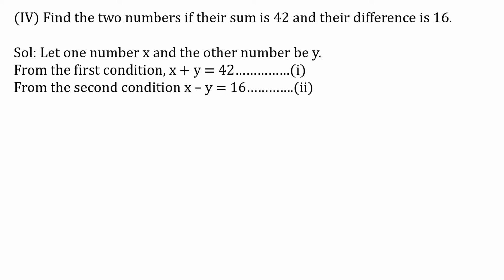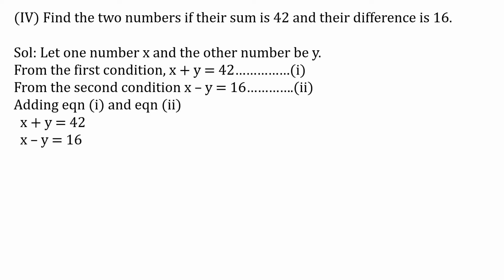Now student, you can see in both equations the variable y has the same coefficient with opposite signs. So we'll add both these equations and eliminate one of the variables, that is y. Adding equations 1 and 2: x plus y equal to 42, x minus y equal to 16. When you add, plus y and minus y will cancel.